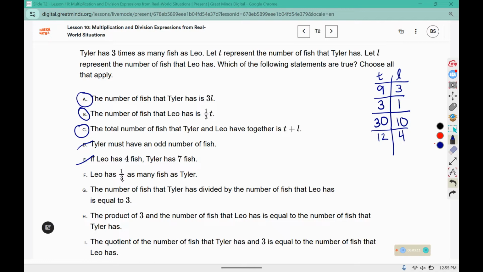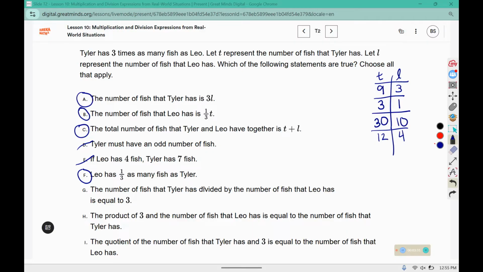Leo has 1/3 as many fish as Tyler. Well, that's what we said here, just in an algebraic version. The number of fish that Tyler has divided by the number of fish Leo has is equal to 3.